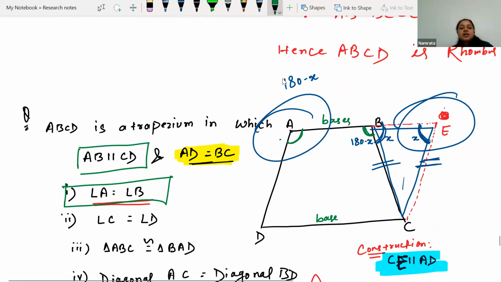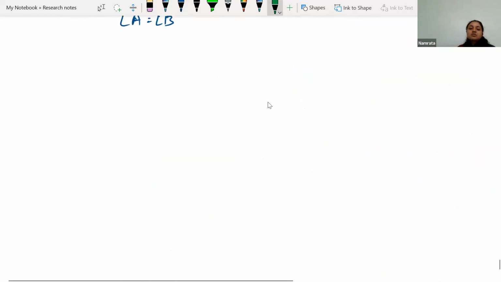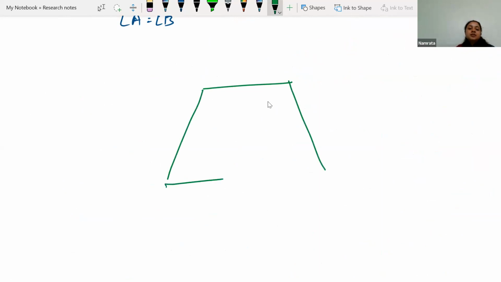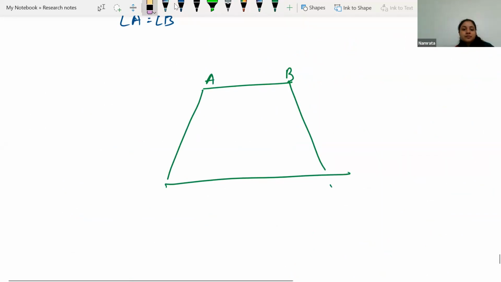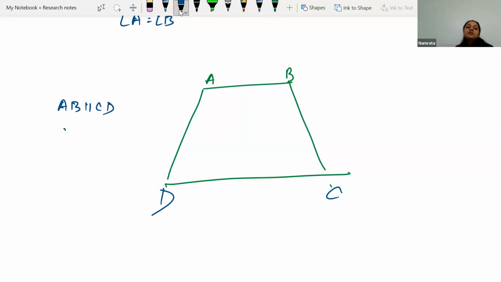Let me draw the figure and let me show you. So we were having the trapezium like this, where bases are parallel, A, B, C, D. Here it was given that AB is parallel to CD, and it was also given that AD is equals to BC.